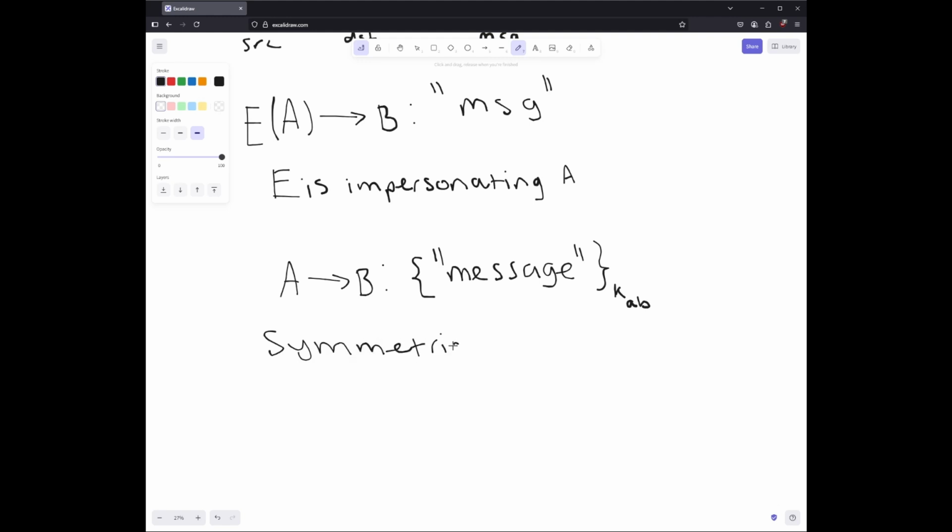As you can see, we firstly have curly braces around our message to show that it's been encrypted, and then this small text over here, KAB, is the session key.